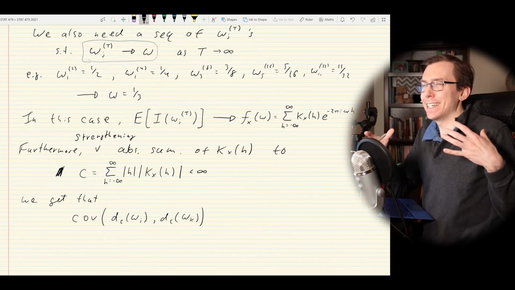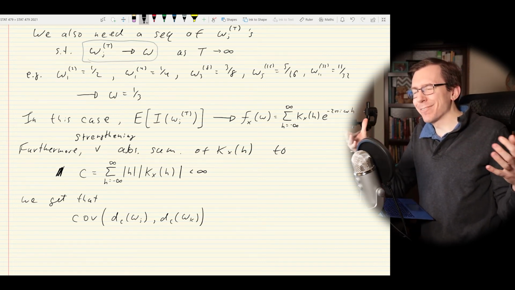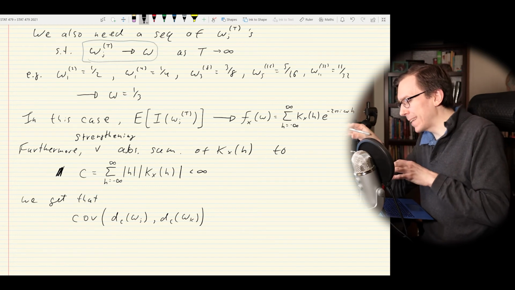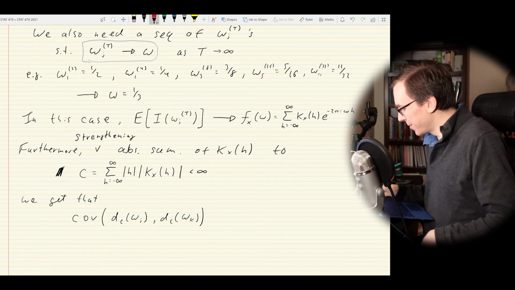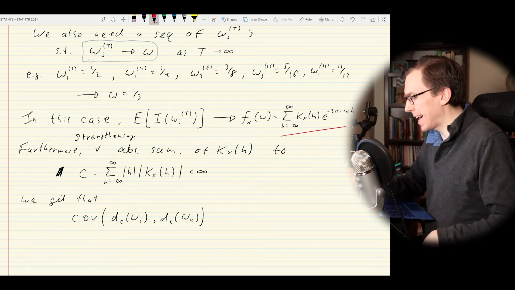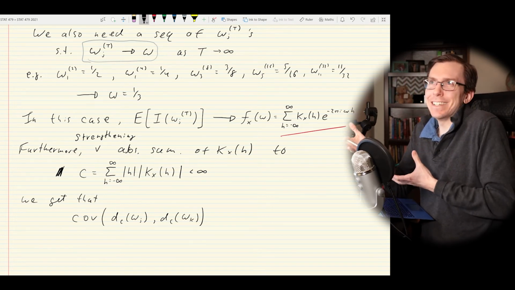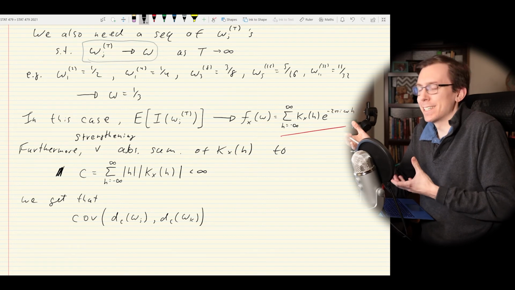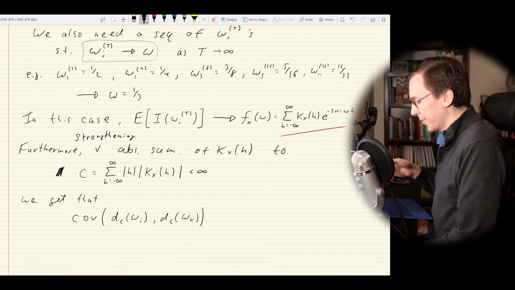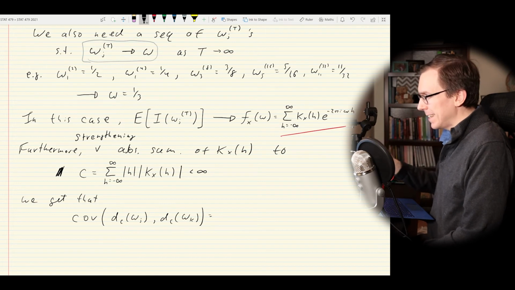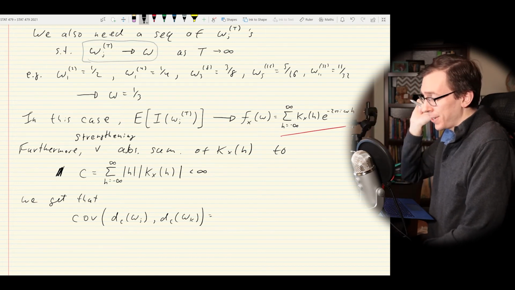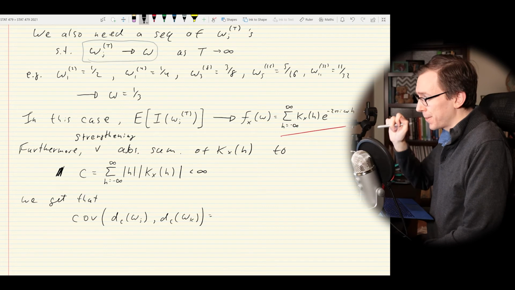Remember, because of symmetry, the sine isn't really there. A lot of times I'll write this as just a discrete Fourier transform like I did over here. But by symmetry, it's actually a discrete cosine transform because the autocovariance is an even function.